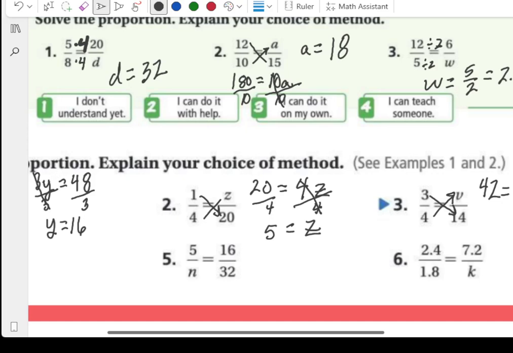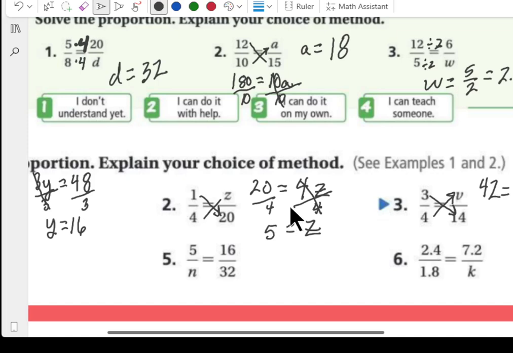And then over here, what am I going to do? There's not a 3 over here. This is 3y equals 48. So I divide by the number that's in front of the y.